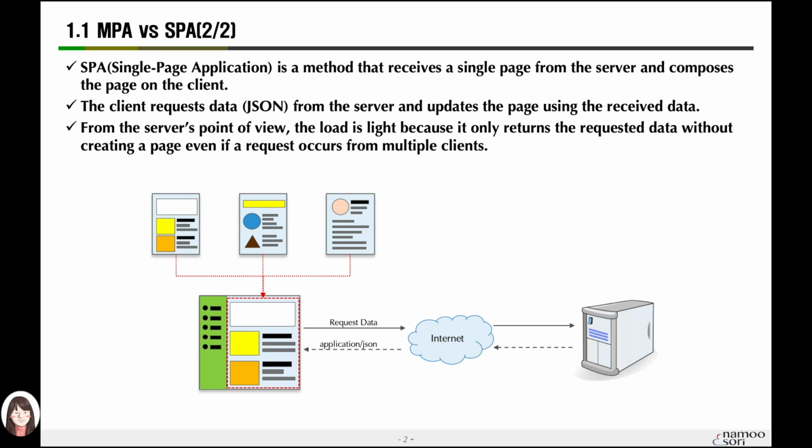The client composes the page based on the data and proceeds to create the page. When creating a page like this, it is created using JavaScript. React is what makes the page creation in JavaScript as a library. If you use React, you can understand that the form that allows us to compose the page more quickly and easily becomes the form of the client.